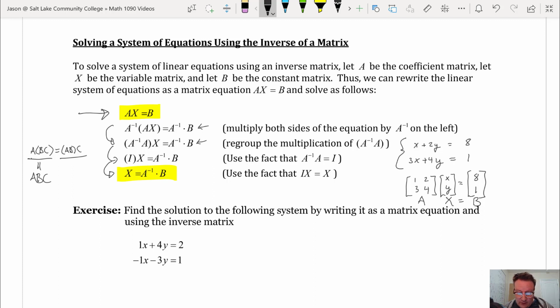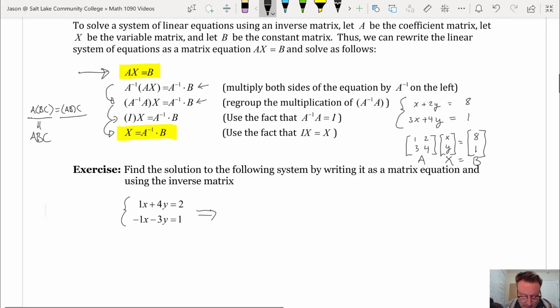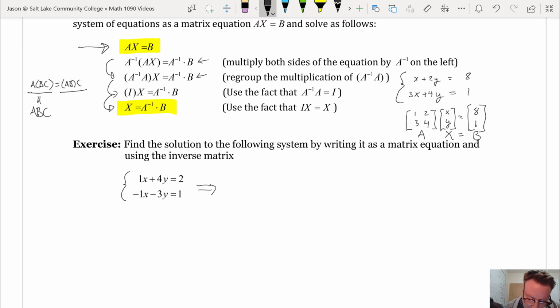Let's do the exercise here. Find the solution to the following system by writing it as a matrix equation and using the inverse matrix. First we want to write this linear system as a matrix equation. Easy enough. That means we want the matrix of coefficients.